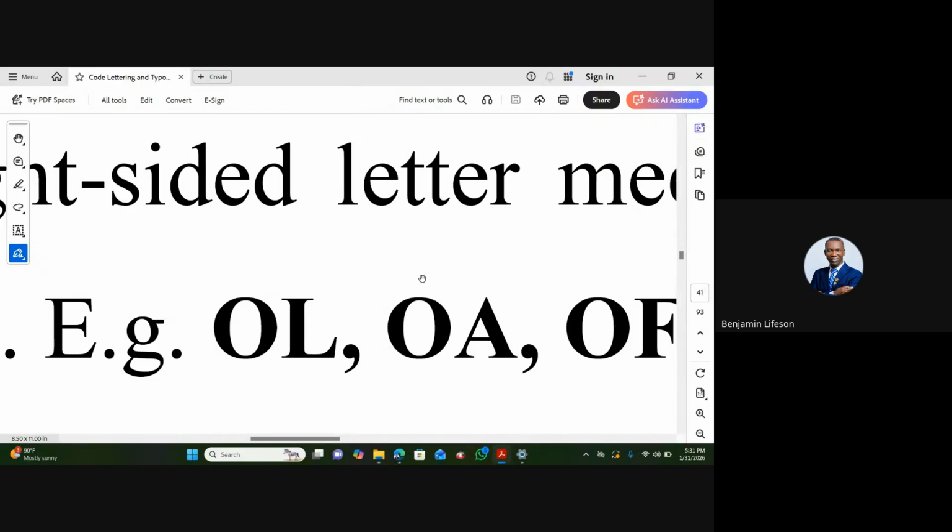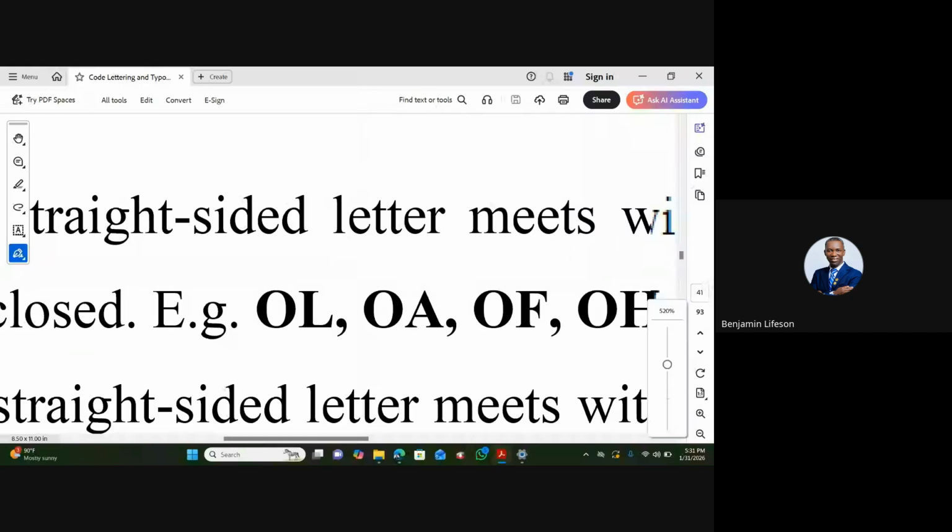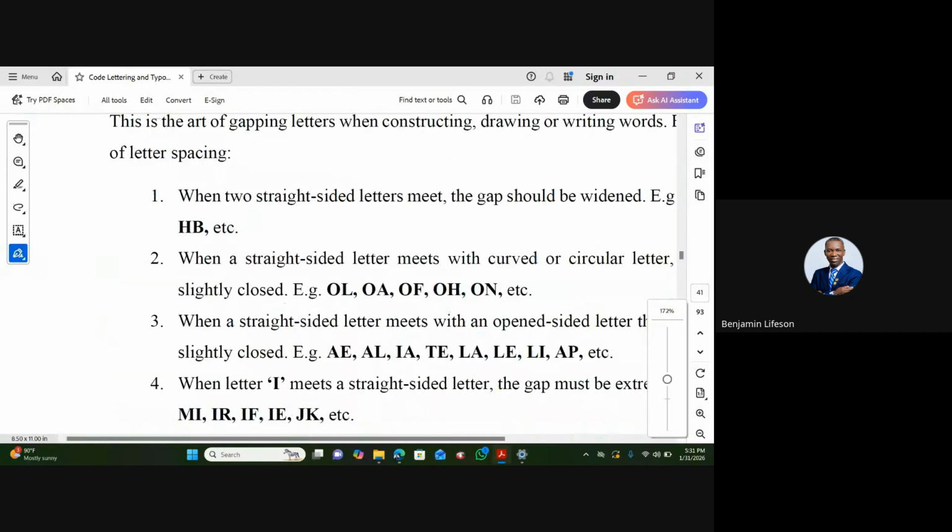Once it is O-L, it means that because of the loop of the O, it has been separated too much from the L. So you must bring it closer. That is what will make it readable.